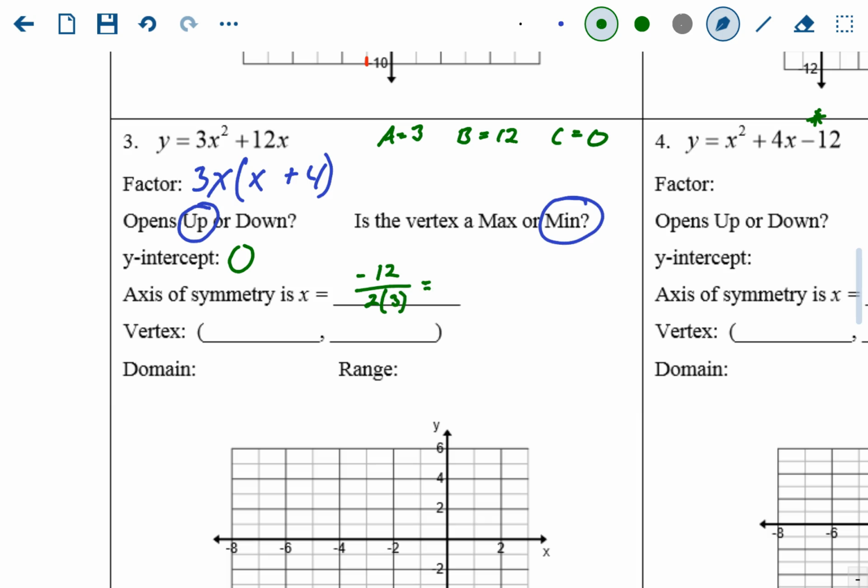Negative 12 over 6 is negative 2, which means automatically the vertex is at negative 2, comma something. So we'd have to plug in negative 2 for x. Again, you can do that from factored form or standard form. We haven't done vertex form yet.